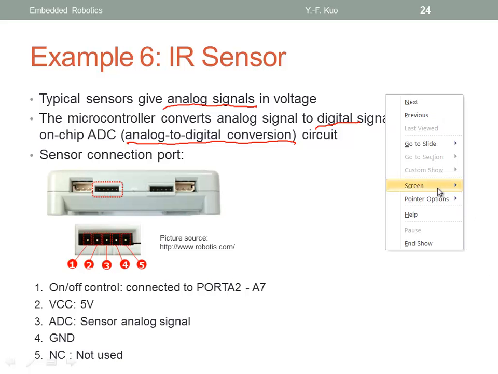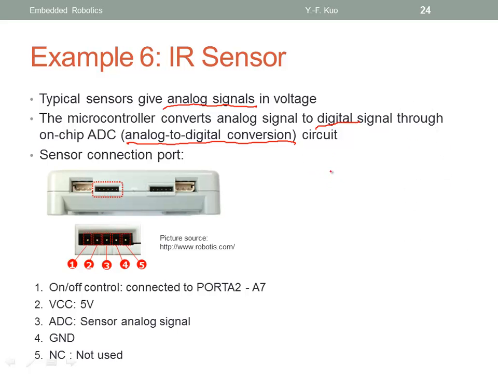So let's see what a digital signal is and what an analog signal is. Most of the signals that we are dealing with are time series signals. In a sense, the amplitude of the signal varies in time.